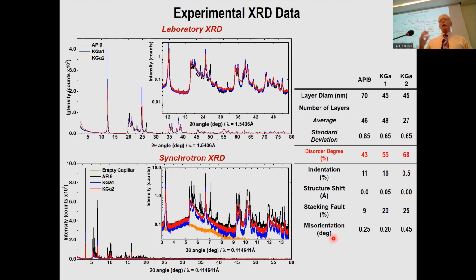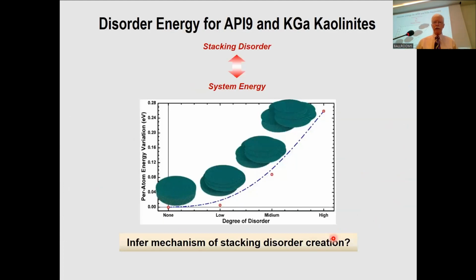And what we really ended up then with was beginning to think about whether or not these types of disorder that we see in real clay samples can shed any insight onto formation mechanisms.